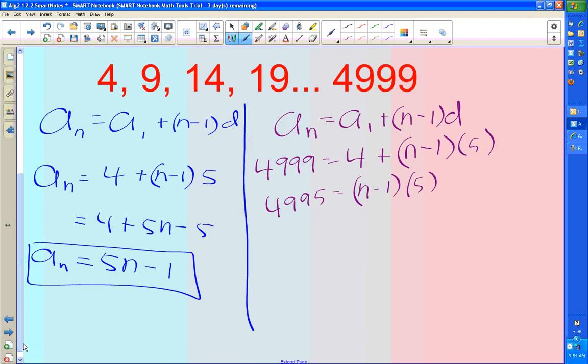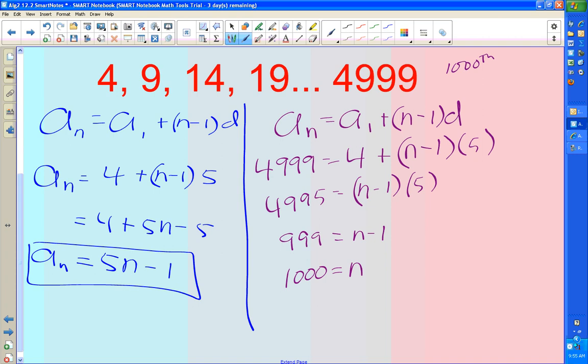When you divide by 5, you're going to get 999, if I'm not mistaken, equals n minus 1. And n ends up being 1,000. So 4,999 is the 1,000th term.